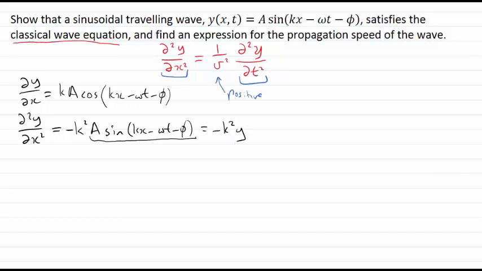Now we can do essentially the same kind of process, but now with our time derivative. So our first time derivative here, again we'll take the time derivative of whatever's inside the sine function, and that's going to be minus omega multiplied by this constant A, and our sine function becomes a cosine function, again of the same argument, kx minus omega t minus phi.